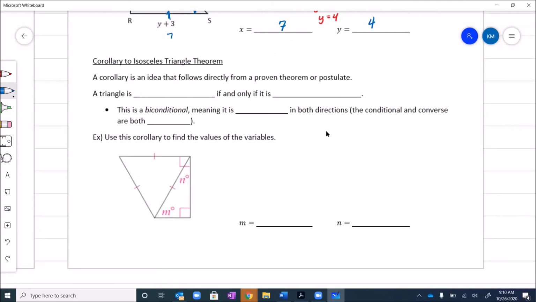All right, a corollary is an idea that follows directly from a proven theorem or postulate, which means if one thing is true, then the next thing has to be true. Okay, and so a triangle is equilateral if and only if it is equiangular.